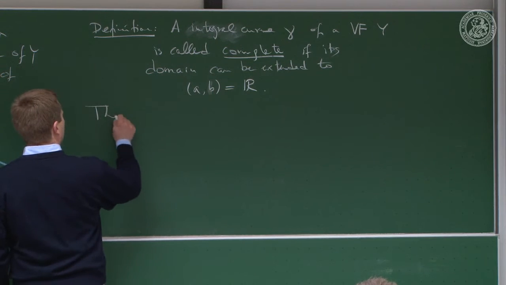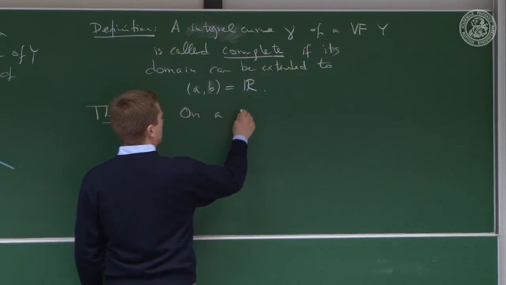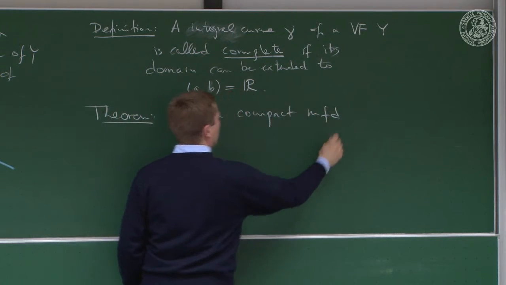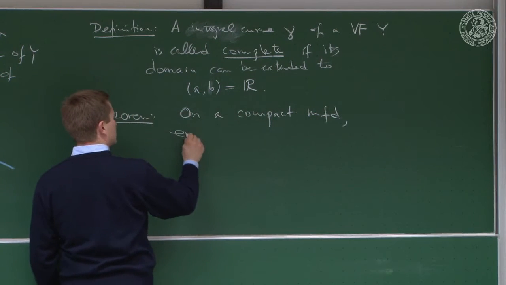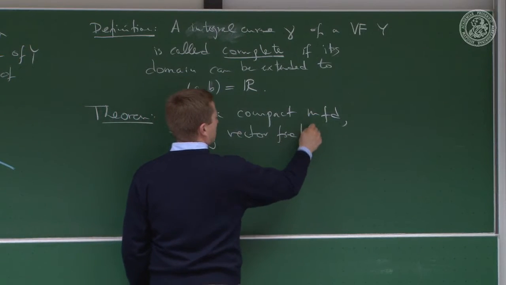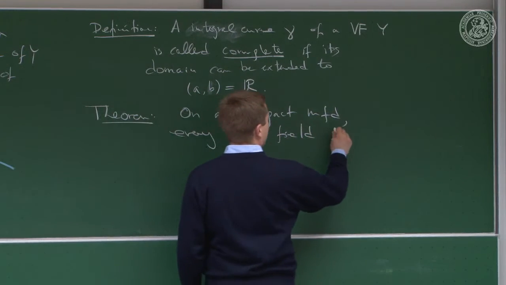So there is a result that says that on a compact manifold, every vector field is complete. So we always talk about smooth vector fields. Every smooth vector field, every vector field is complete.